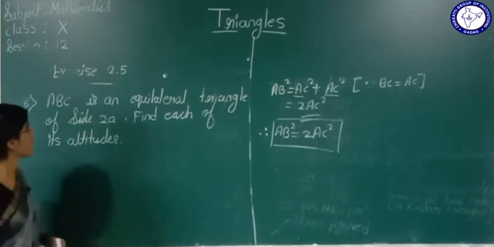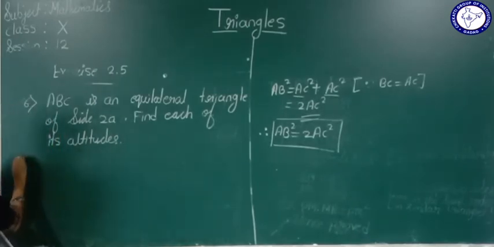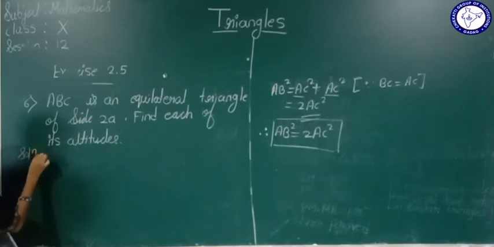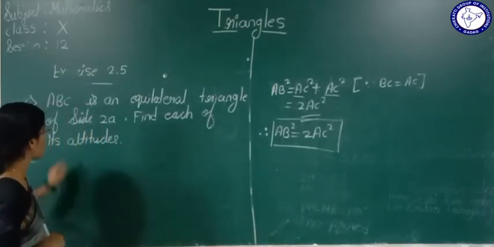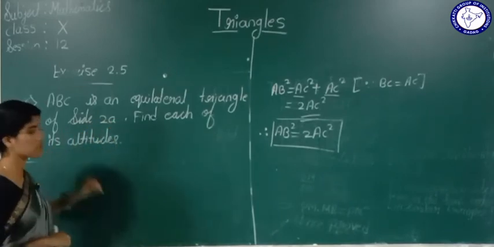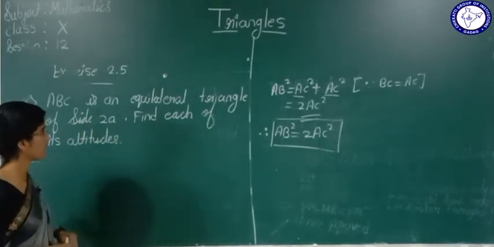Now see here, ABC is an equilateral triangle of side 2A. They have given an equilateral triangle of side 2A. Find each of its altitudes. We have to find the altitude.